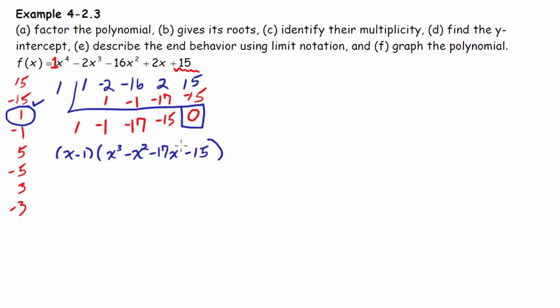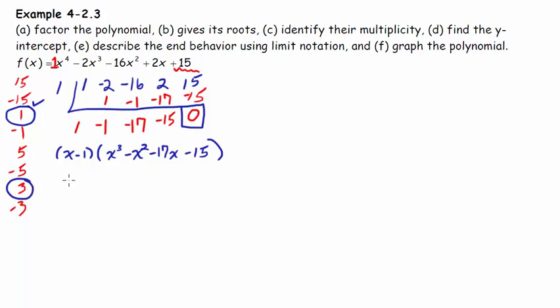Now, my factors of negative 15 over 1 are the same as we have listed here. So it could be any of these, and it could also be 1 a second time. It could be a double root. Let's try, I'm just going to pick at random, 3.